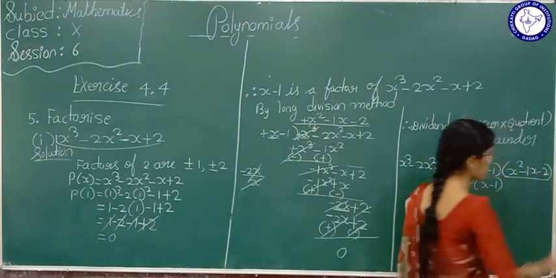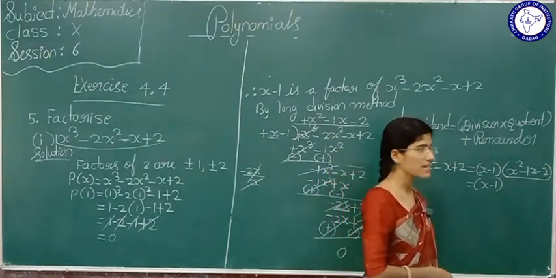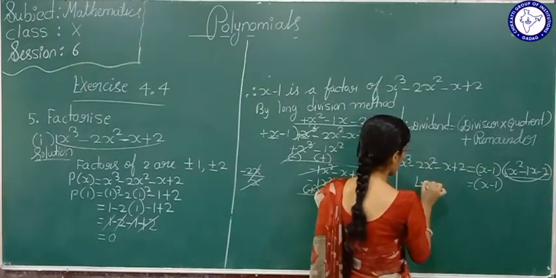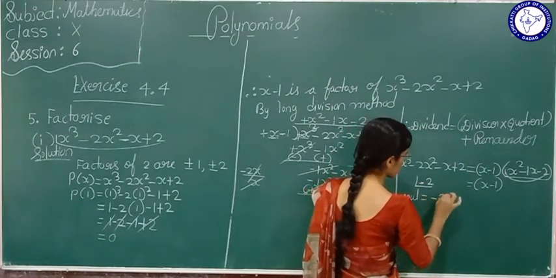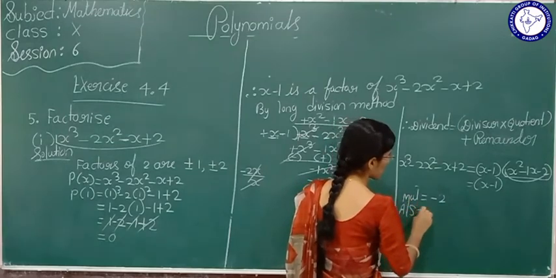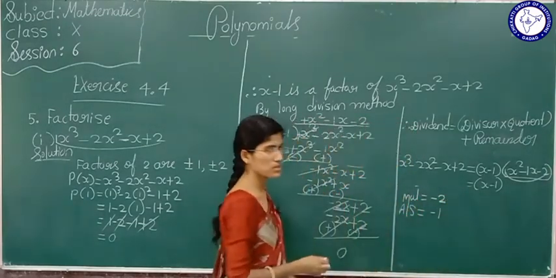This is a quadratic polynomial. Yes, you know how to do the factorization. Here 1 will be there, 1 times 2 is 2, minus 2. If you multiply, minus 2 should come. If you add, minus 1 should come. Find two such numbers.